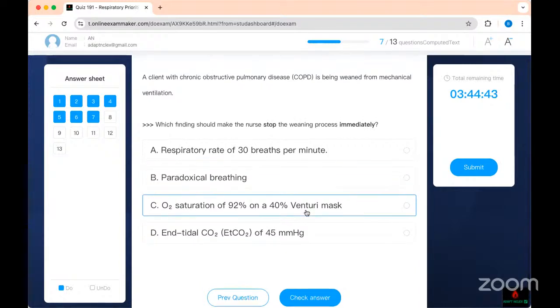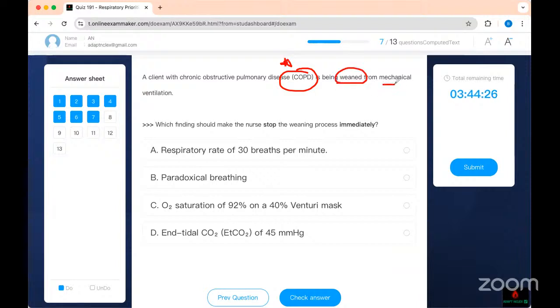A client with COPD is being weaned from the mechanical ventilator. That means I'm taking off the ventilator. How do you answer questions? Don't just read like that. Just read for the keywords. Underline the buzzwords. I call them COPD, right? I'm being weaned from the ventilator. What is the problem? Which finding makes the nurse stop?